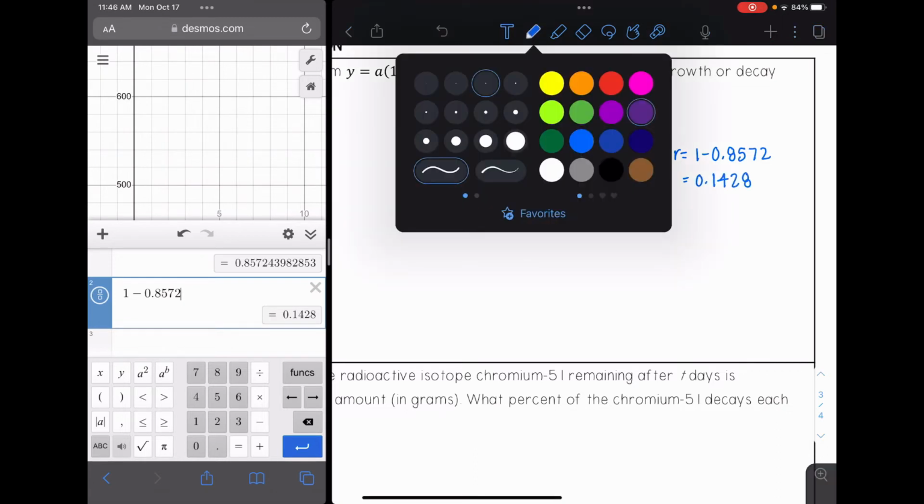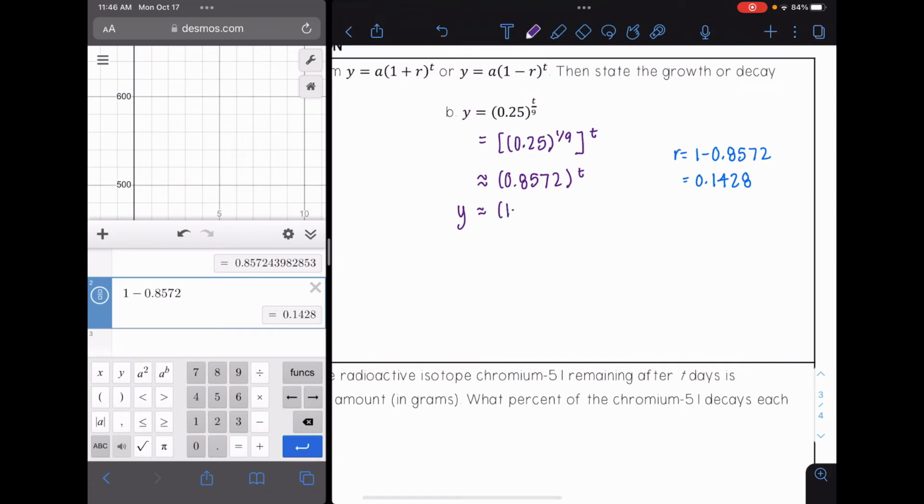So that means that y is approximately 1 minus 0.1428 raised to the t power. Since this one's minus, this is going to be a decay rate. So this is going to be a decay rate of 0.1428 or 14.28%.